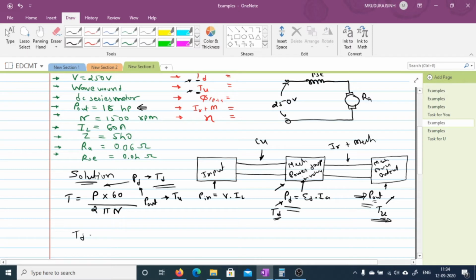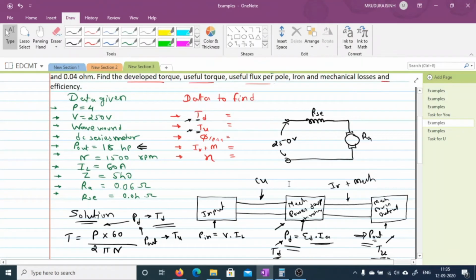To find developed torque we need to find developed power, and to find developed power we need to find back EMF. It's not E_D, it's E_B, back EMF, and armature current. So first we'll go for armature current.